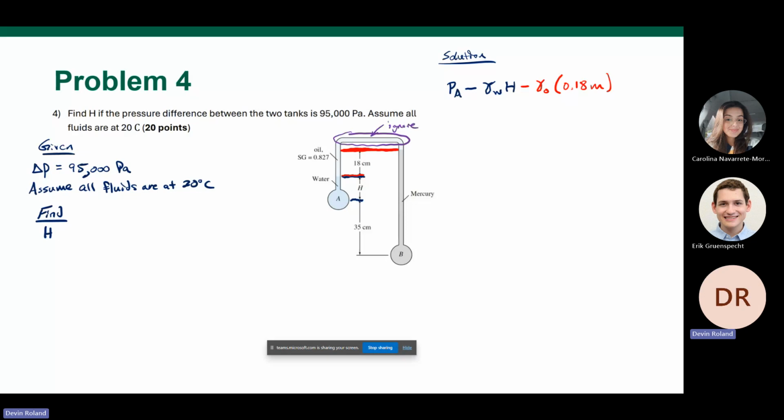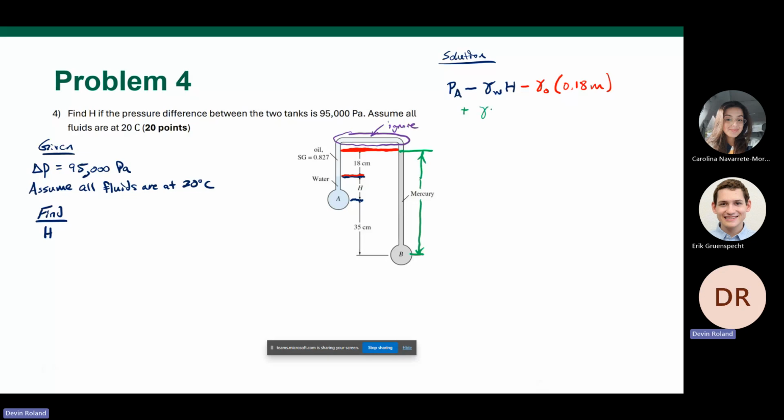So we go to the next interface. Now we're going from this interface all the way down to this point here, B. And that is going to be added because now we're going down in the fluid.